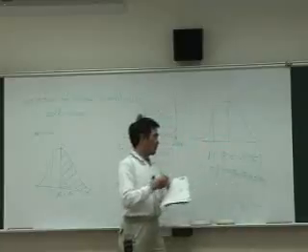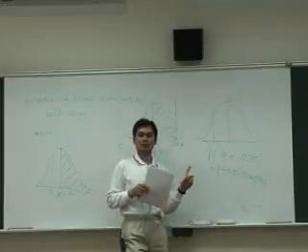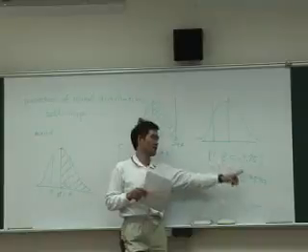So then the probability between 0 and 1.75 must be equal to this one, right?